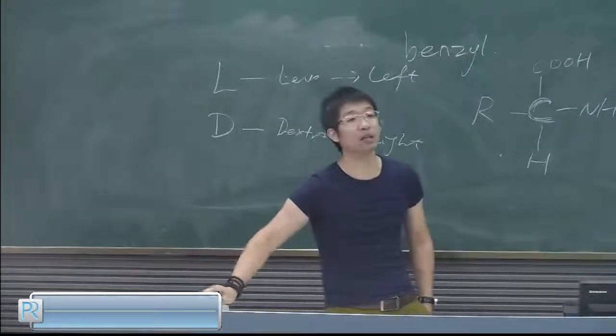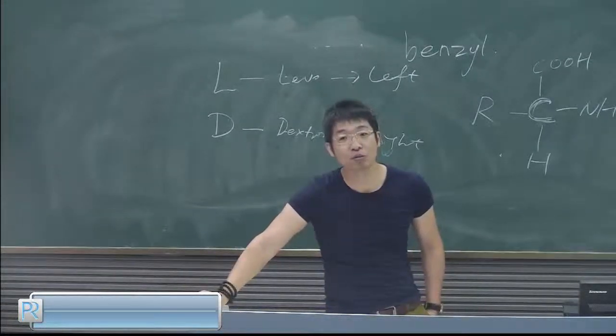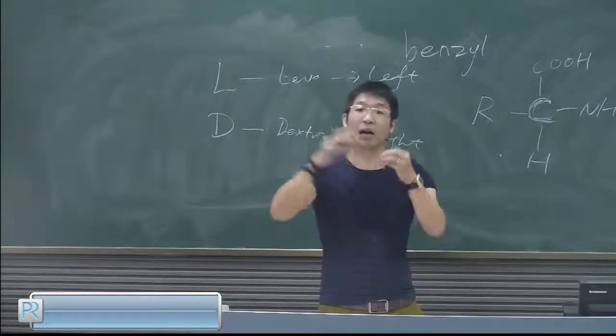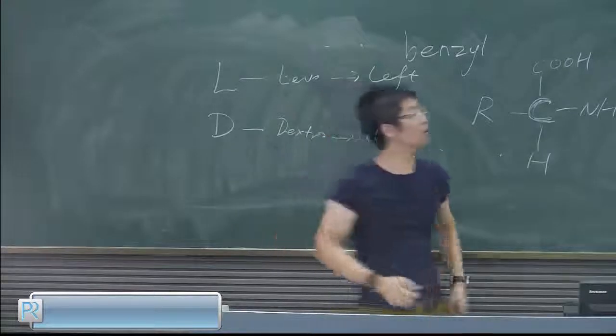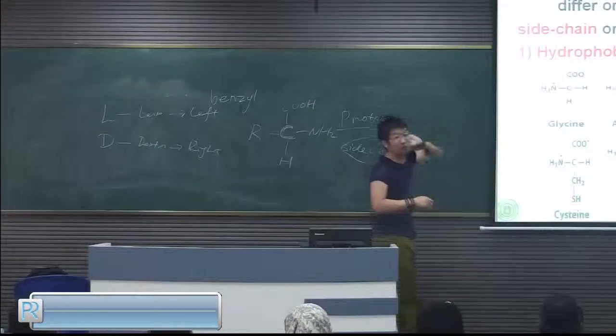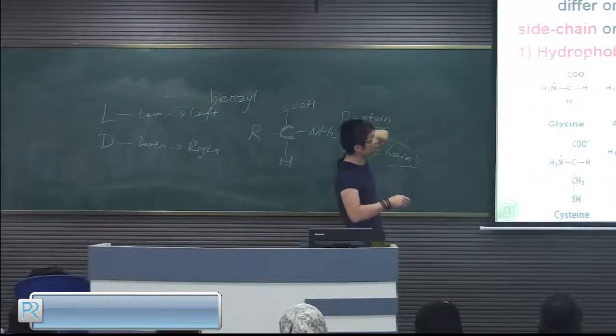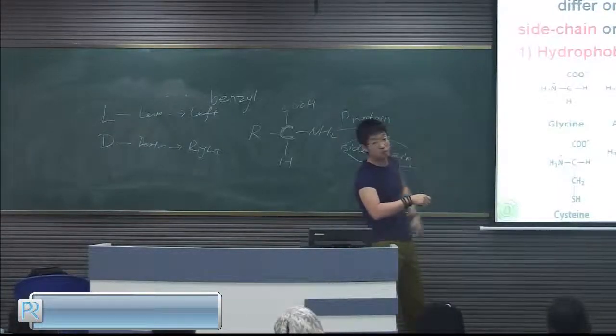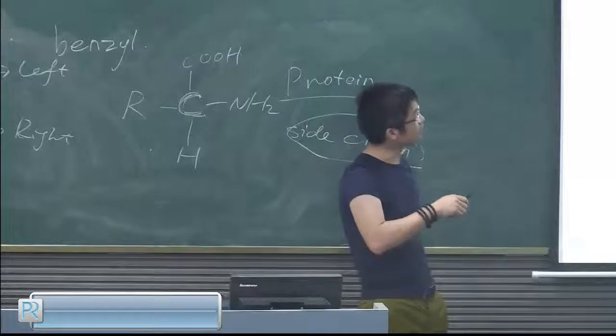Aliphatic in chemistry refers to molecules made of carbon and hydrogen. You can see here the highlighted H is a hydrogen atom, which is hydrophobic, and here is a methyl group, which is also hydrophobic.